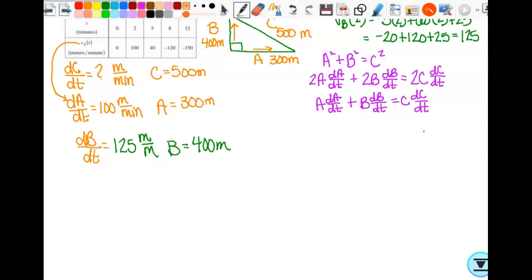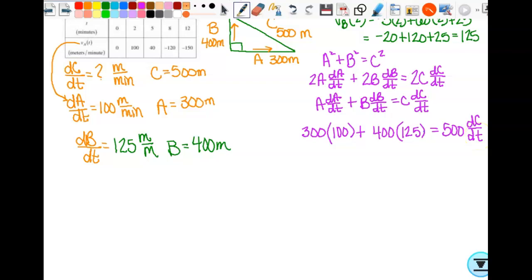So now that I've taken the derivative, I can substitute this information in. I don't get to substitute this stuff in until I have found the derivative. I did substitute something into something else, but that was to get part of this information. So A is 300 times dA dt, which is 100, plus B, which is 400, times dB dt, which is 125, which is equal to C, which is 500, times dC dt, which is what I'm looking for.